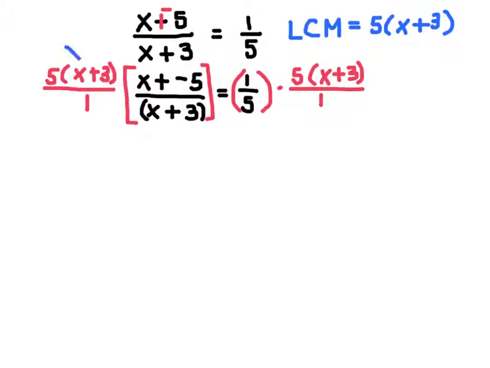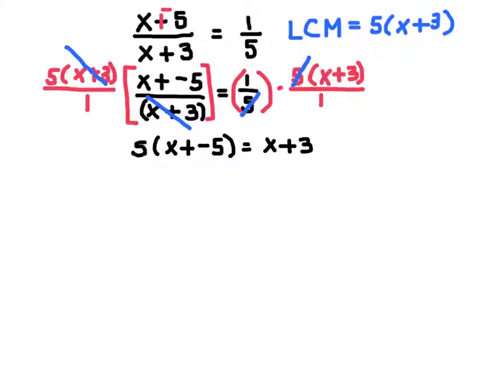And we can see that x plus 3 on the left in the numerator and denominator cancel out, and 5 on the right between the numerator and the denominator cancel out, and that gives us 5 times x plus a negative 5 on the left, and on the right, x plus 3.